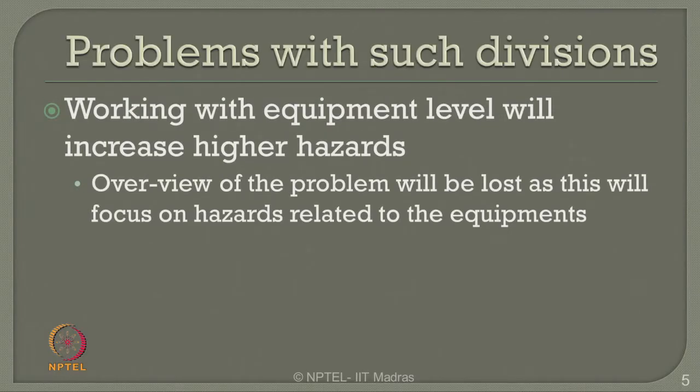So, let us ask a question: what are common problems with such divisions of doing hazard analysis? If you do hazard analysis only at the equipment level, this kind of analysis generally increases hazards at a higher rate, essentially because the overview of the problem will be lost, as this will focus more on problems or hazards related to equipments.